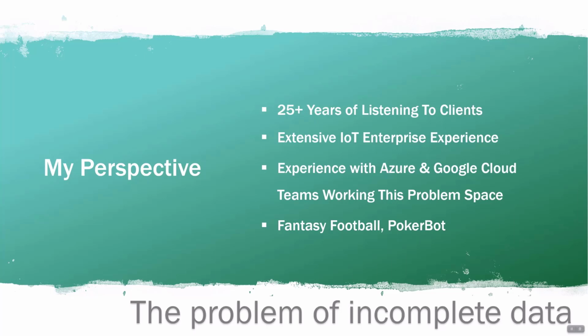Now, the big problem with that was not that there was no technology that could do that. That is not the issue. The issue was that the data you were getting from the NFL at the time was incomplete and inconsistent.